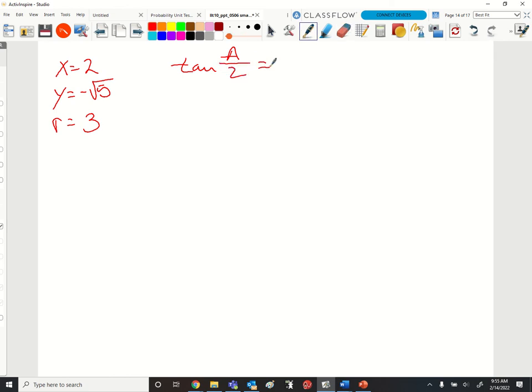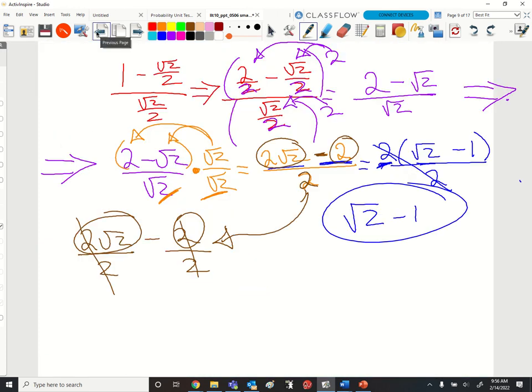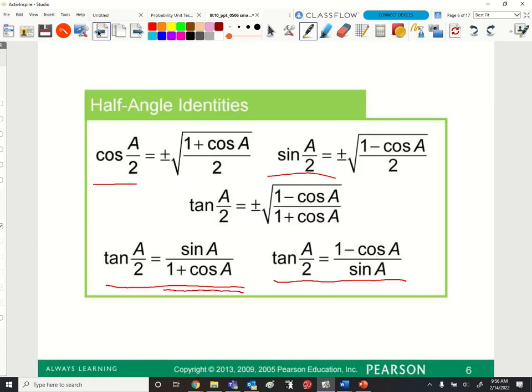is equal to, now this is another one. I don't want to use radicals because those are a mess. So I get to choose which one I want. Actually, no, because sine is negative radical 5, I don't want to put that on the bottom.